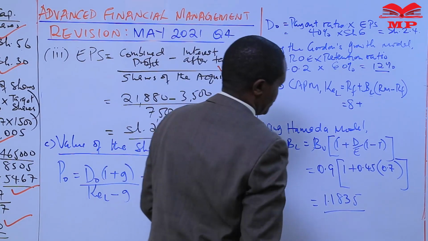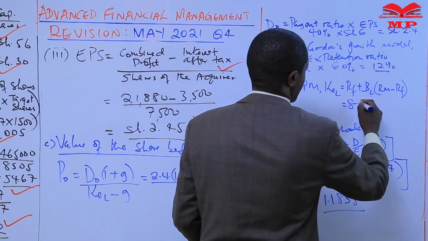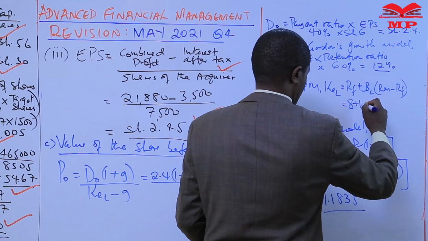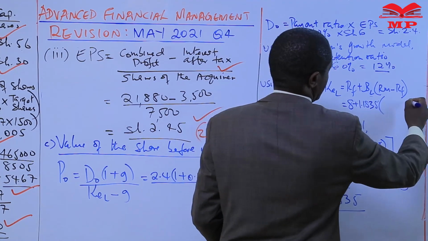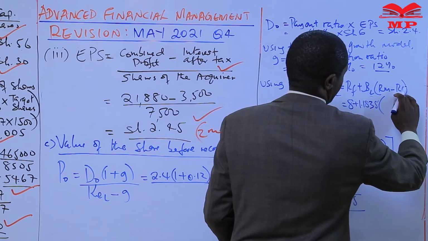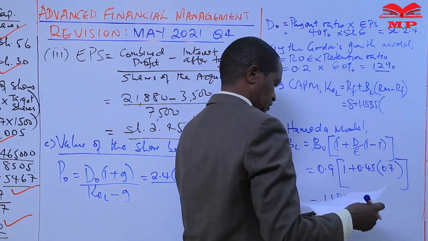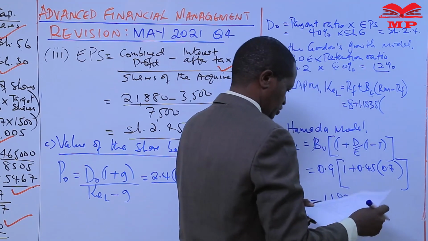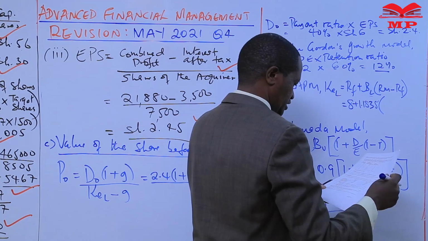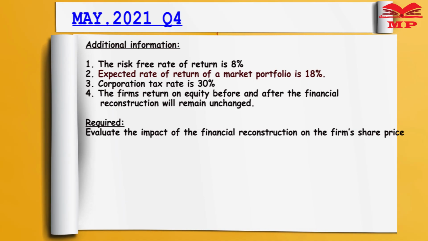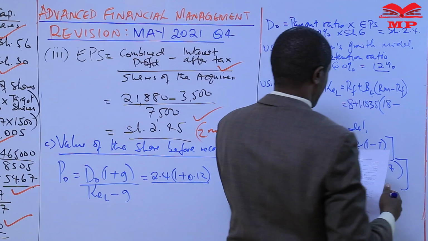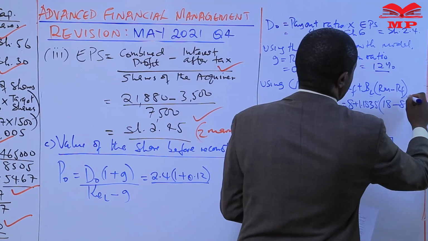So this beta of the levered firm, we are going to write it here, plus 1.1835. Then we multiply the premium, the return minus the risk-free rate. Do we have the return? Yes, we have it. The expected return of the market portfolio is 18% minus the risk-free rate 8%.